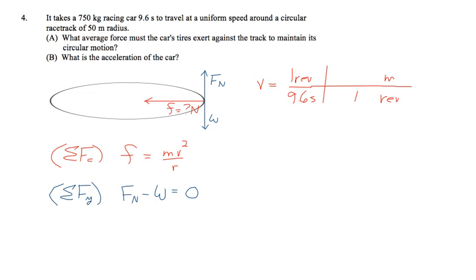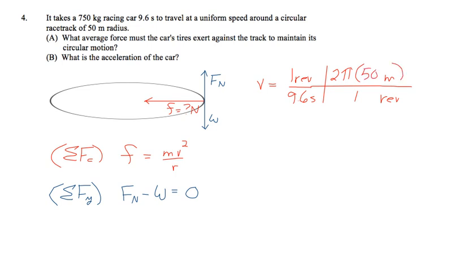So what will I be putting in here in the numerator? Well, that would just be the radius. What's the circumference of the circle? 2 pi times the radius. So 2 pi and then 50 meters would be the radius.